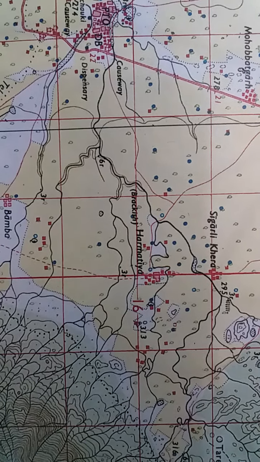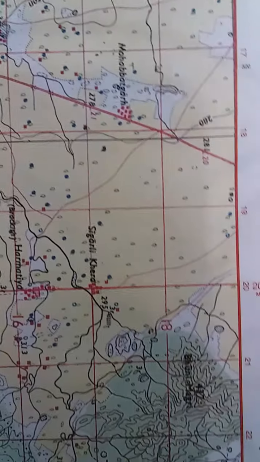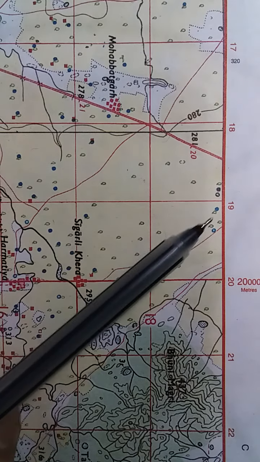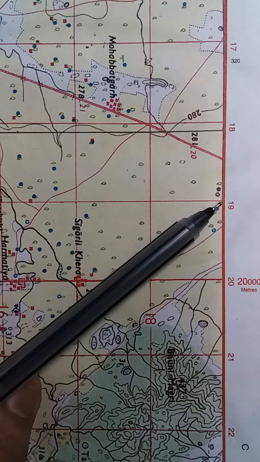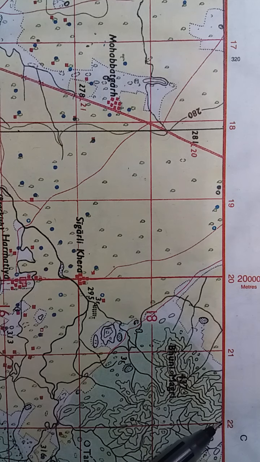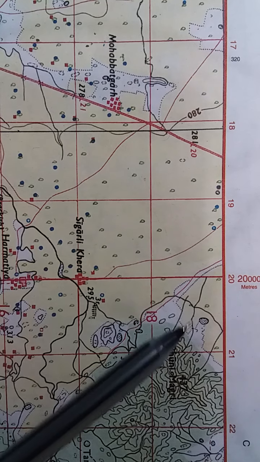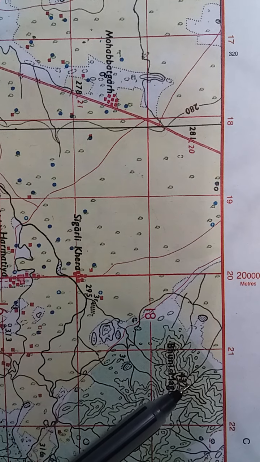Now to find the area, let us first count the number of grid squares between Eastings 19 and 22. So how many grid squares are there? 1, 2 and 3.